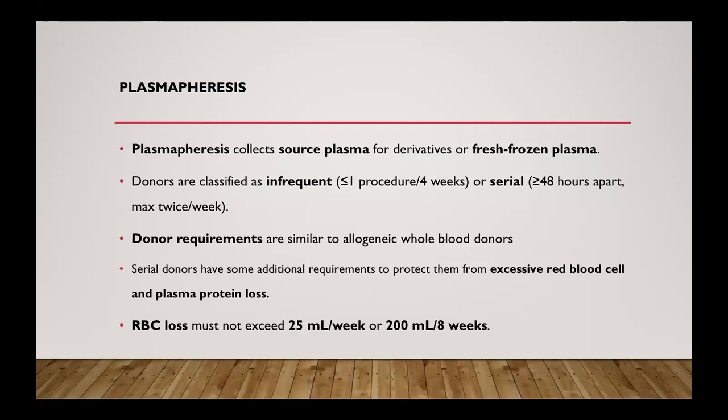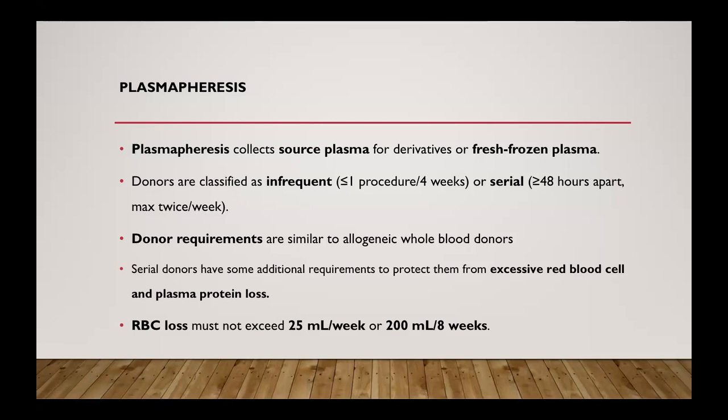So donors are classified as infrequent donors, and others are known as serial donors. Infrequent donors are the ones who donate plasma less than once in 4 weeks, or less than once a month.